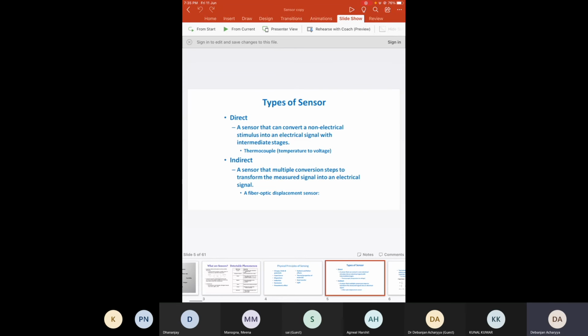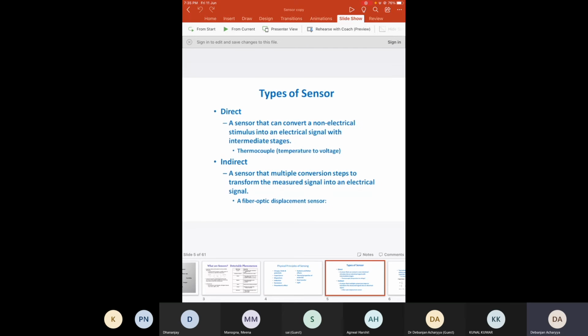Now coming to the different types of sensors, you can classify your sensors in different ways. The most important for industrial automation is direct and indirect. There may be other classifications like active and passive.